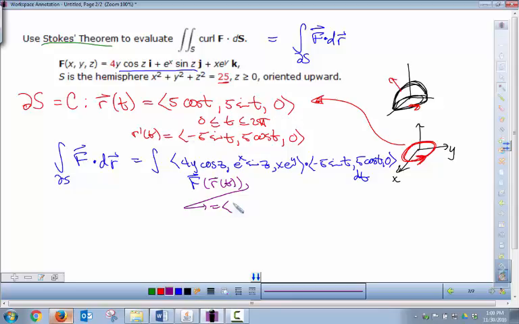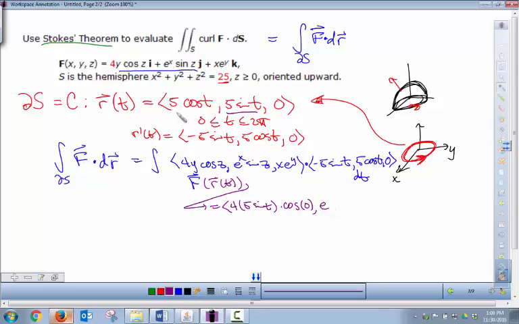So this would be 4 times y. What's y? Y is equal to 5 sine t times cosine of z. So that would become 1.